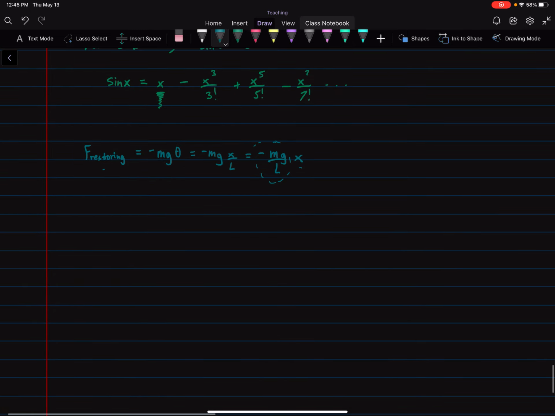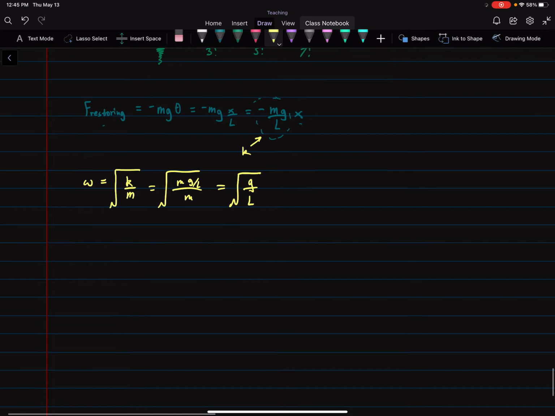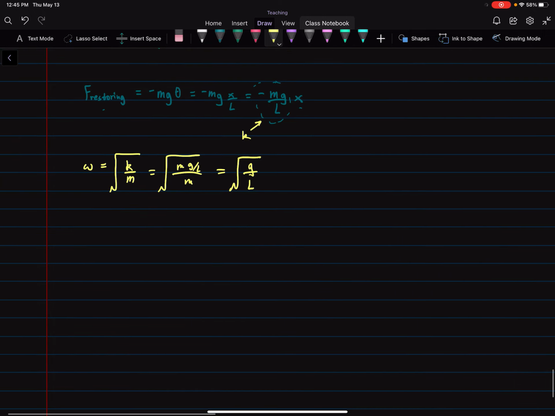So let's go ahead and do that for our simple pendulum. So we have omega is equal to, from before, square root of k over m. But now we have k that we can plug in. This is k. So that's equal to square root of mg over L over m, which simplifies to square root of g over L, for a simple pendulum.